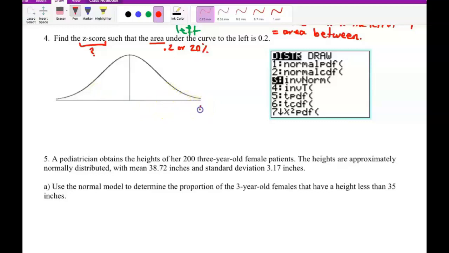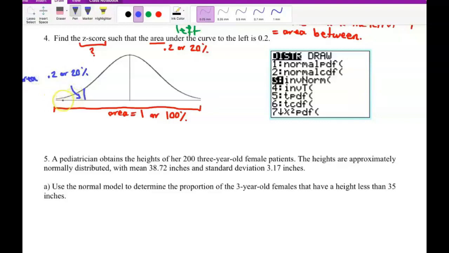So the area for all this, as I said, this is equal to 1, or 100%. And since here we have 0.2, that means this part is 20%. This is area. So the rest of this is 80%. 1 minus 20%, this is 80%.